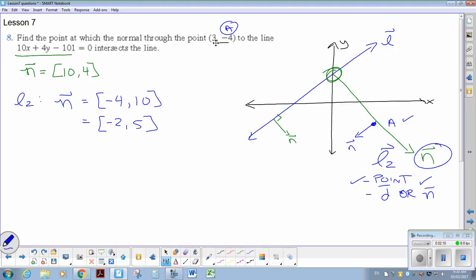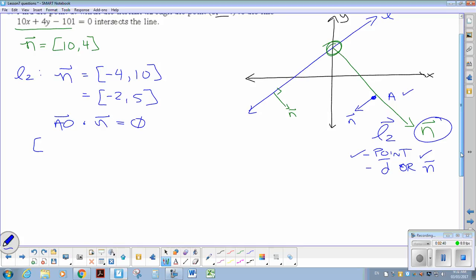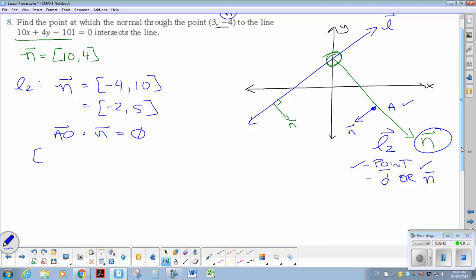So I'm going to find the equation. For that, it's going to be AP dot normal equals 0. I can't remember the exact formula I've used. Anyway, it's going to be (x minus 3, y plus 4) dot (-2, 5).